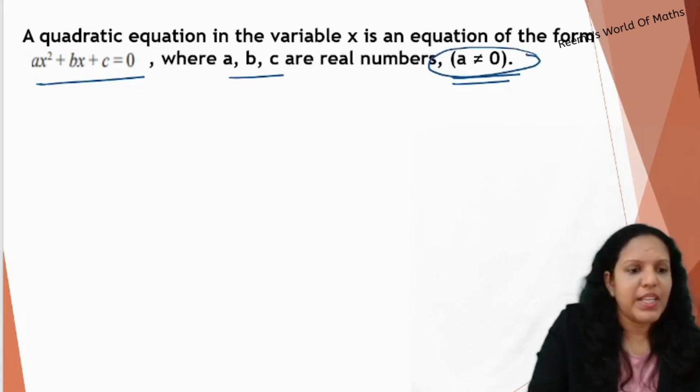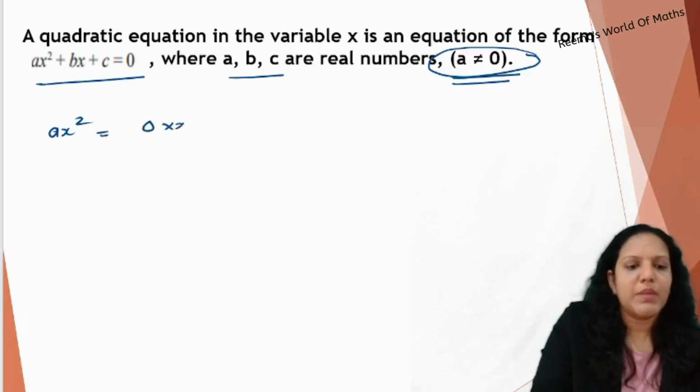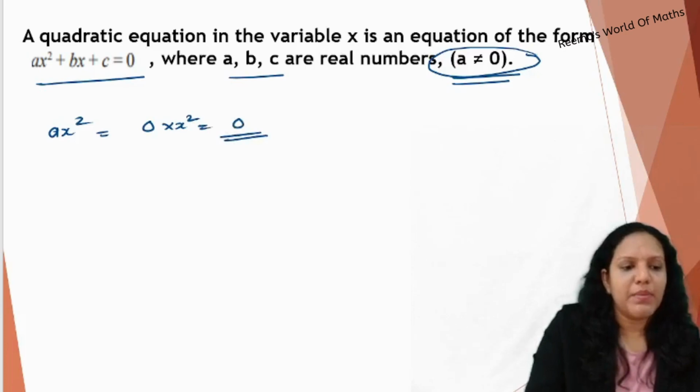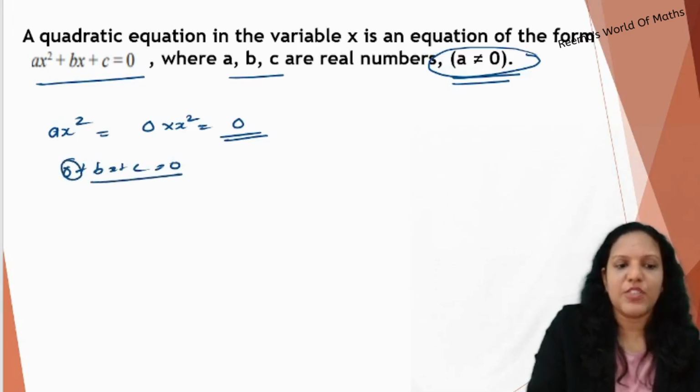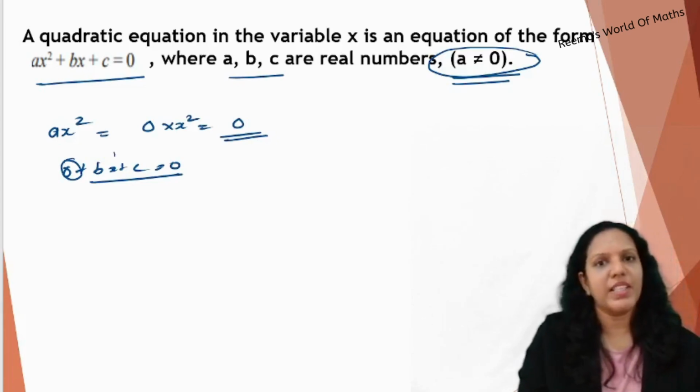So let's see, in ax squared, if a is equal to 0, the value of the first term will be 0 multiplied by x squared, so that is 0. Then the equation will become 0 plus bx plus c. If a is equal to 0, then there is no second degree. The highest degree of this equation is now 1, so that will be a linear equation.